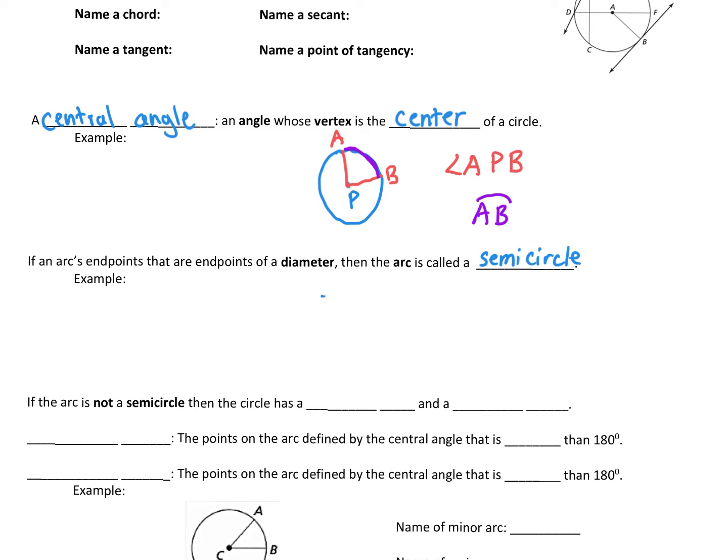If we had a circle now, and this was point P, and it goes straight across, because the diameter is straight across and goes through the center, and let's call this also A to B. This arc here from A going around to B would be a semicircle from A to B. If you notice, the circle has two semicircles, both of which are the exact same length. A semicircle is half of the circle.